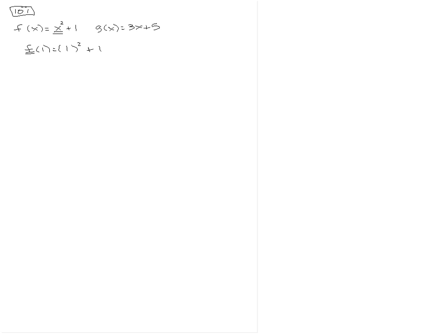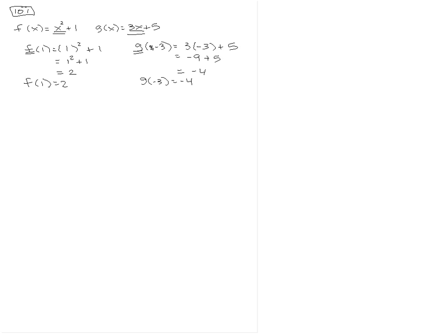So that would be 1 squared plus 1, which would be 2. So f of 1 equals 2. They could say, what's g of negative 3? Meaning, wherever there's an x in the g function, you put a negative 3. So you get negative 9 plus 5, which is negative 4. So g of negative 3 is negative 4.